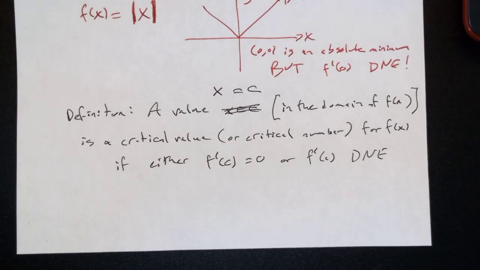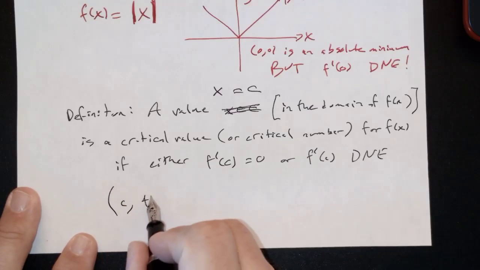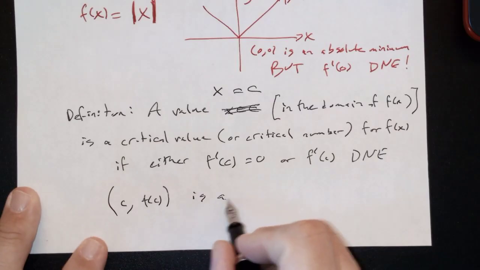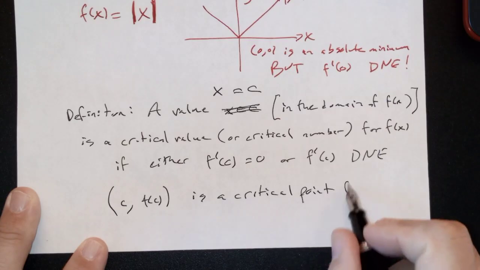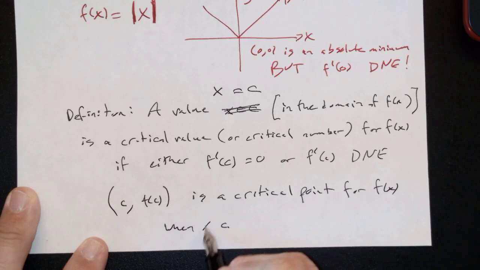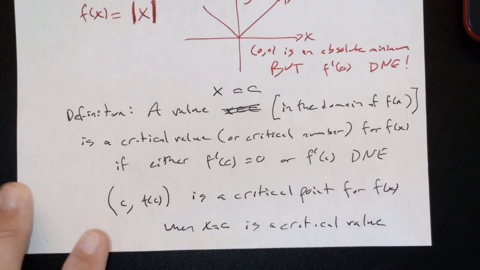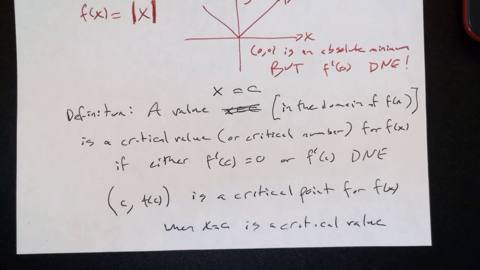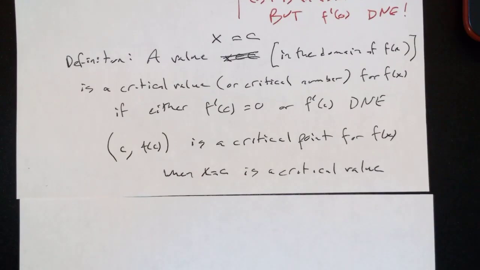I drew the wrong thing. c comma f of c is a critical point for f of x when x equals c is a critical number. So we talk about critical points on the graph of a function and critical numbers or critical values in the domain.